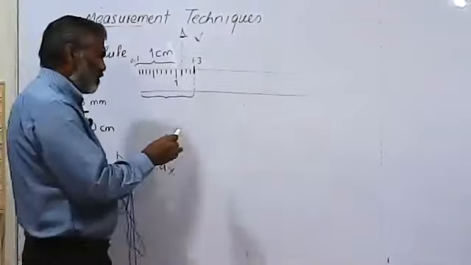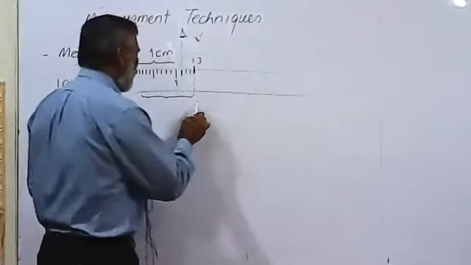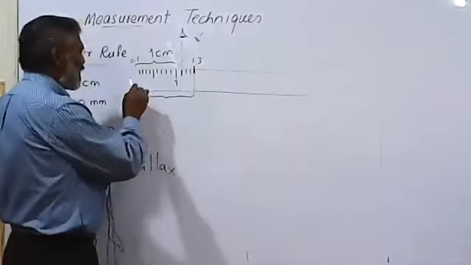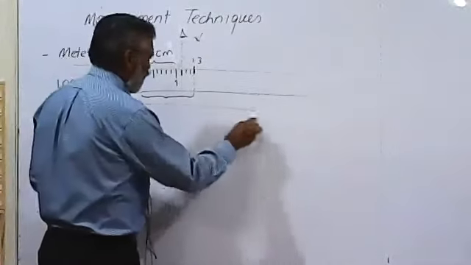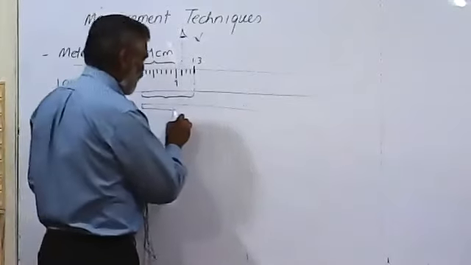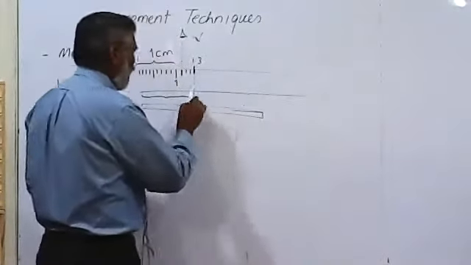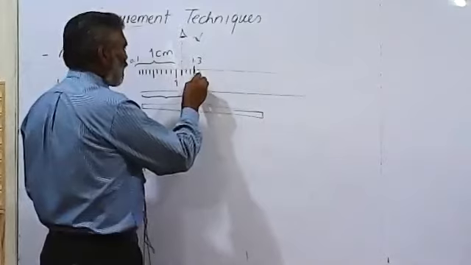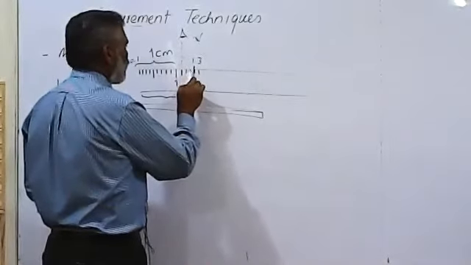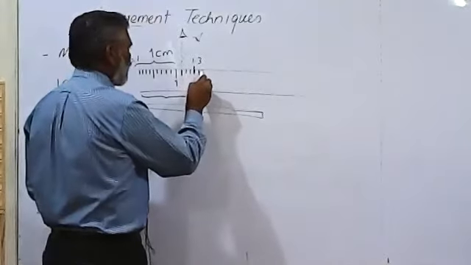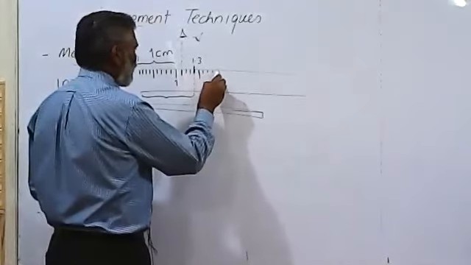If you are measuring something on this scale, let's say it's an object of this size, maybe it's a rod, and you have a scale like 1, 2, 3, 4, 5, 6, 7, 8, 9.